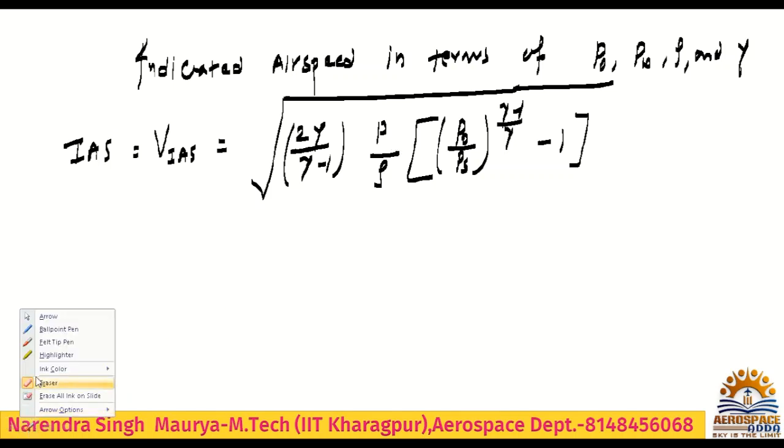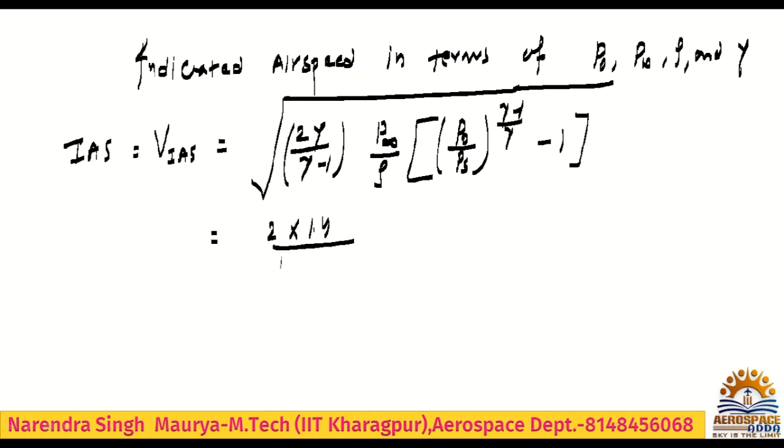Earlier it was P infinity only. Inside it is P naught. Now keep the value. So it is nothing but 2 into 1.4 divided by 1.4 minus 1.